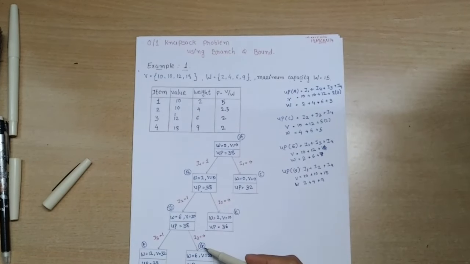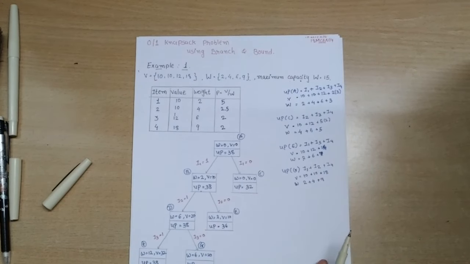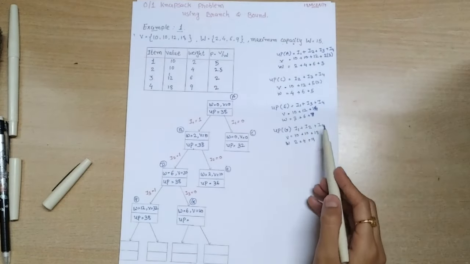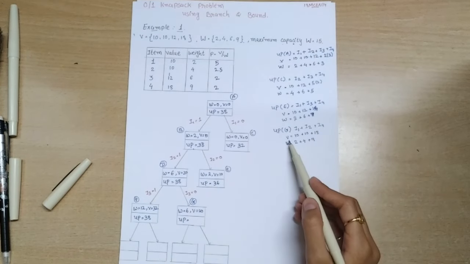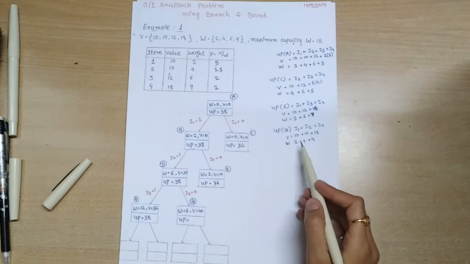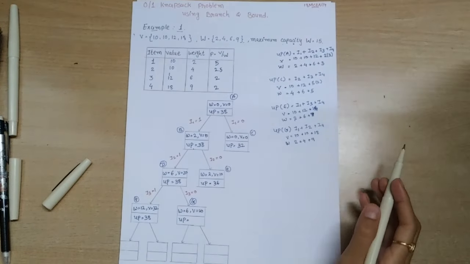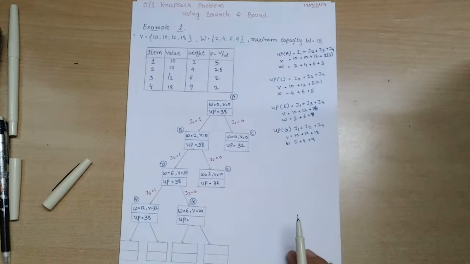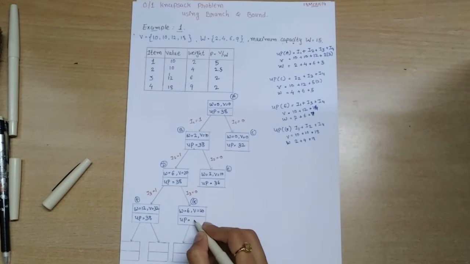Now to calculate the upper bound for G, we have to consider only items 1, 2 and 4, which have values 10, 10 and 18, and weights 2, 4 and 9. So we will get an upper bound of 38.